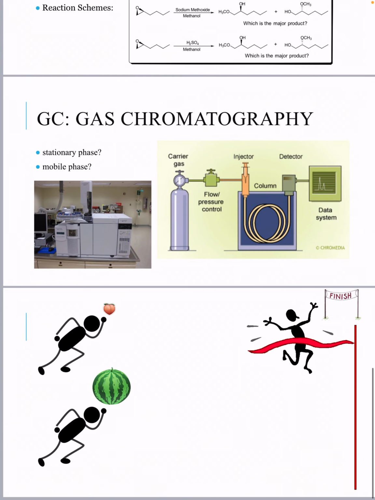If you go to the very last page of the slide, the tiny running guy will be the mobile phase, while the peach or the watermelon it carries will be the compound you want to separate out. You want your mobile phase, the small guy, to carry products of different polarity to run on the same road, and the road will be the stationary phase, right?